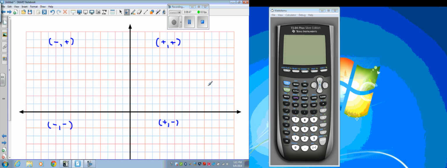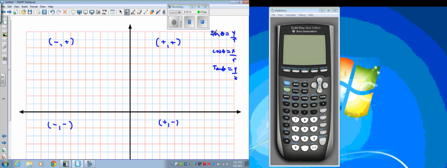Now remember that in general, sine of any angle is going to be y over r. The cosine of any angle is x over r, and the tangent of any angle is y over x.